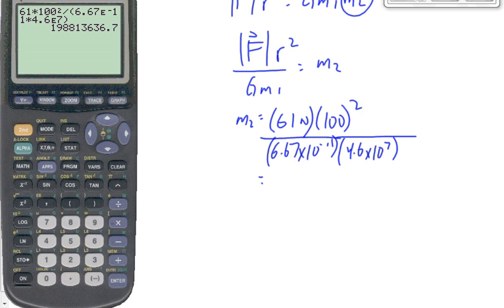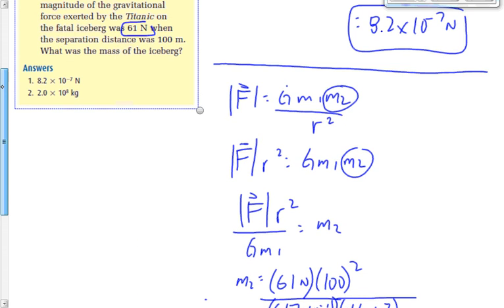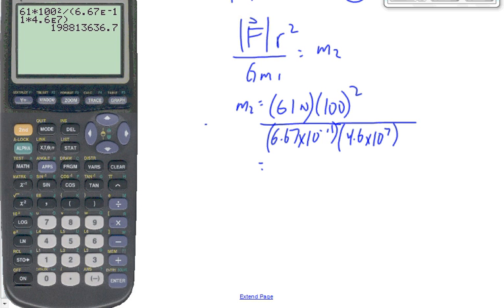Oh, I don't like it when we get numbers like this. We got to convert that to scientific notation, right? I mean, in the end, we could go 1.99. We're going to round it to how many digits? Round it to 2 digits. Yeah, 2 digits, so it's going to be 2.0 times 10 to the something.